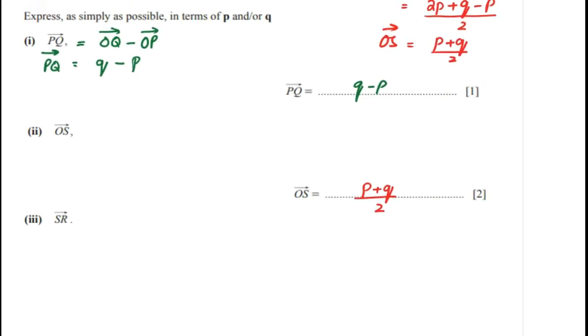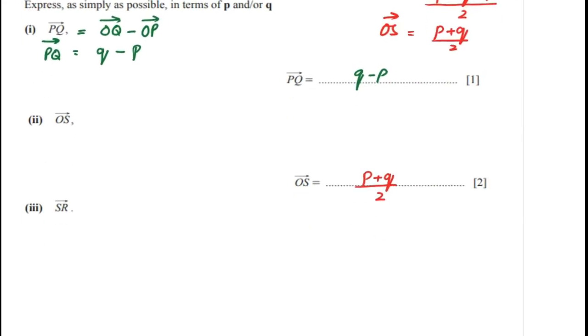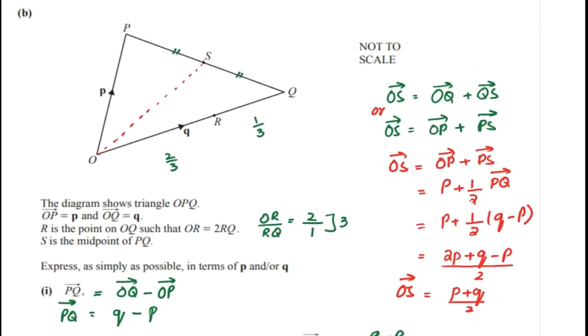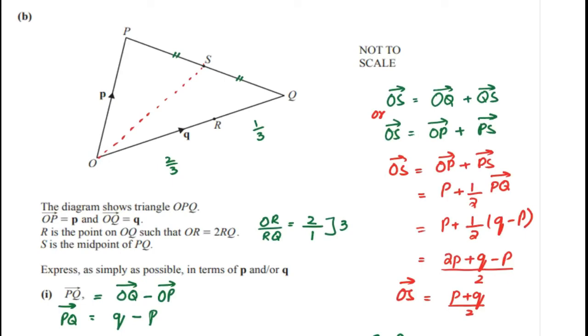Now the last part is SR. Now we will find SR. So SR is here. If we join S and R, this is SR. Okay, to find SR, we can take OSR triangle, or we can take SQR triangle.